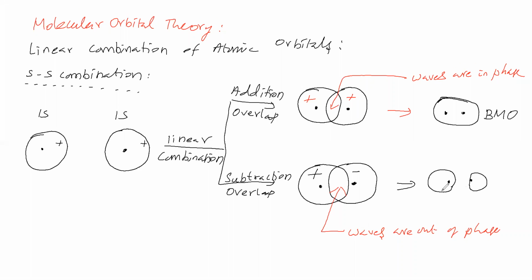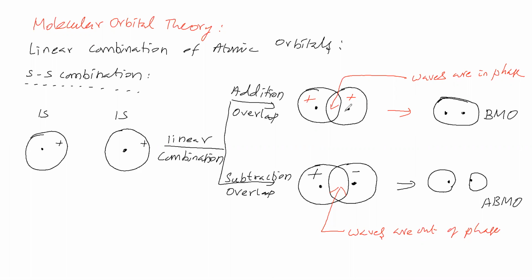The electron clouds are not in between the two nuclei. Then is it favorable for bonding? No. Therefore, it is an antibonding molecular orbital. Addition overlap results in a bonding molecular orbital, and subtraction overlap results in an antibonding molecular orbital.